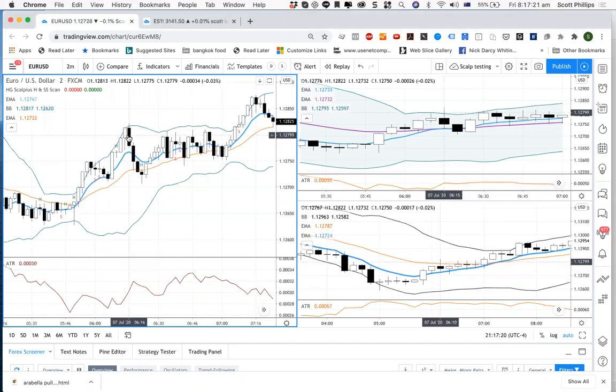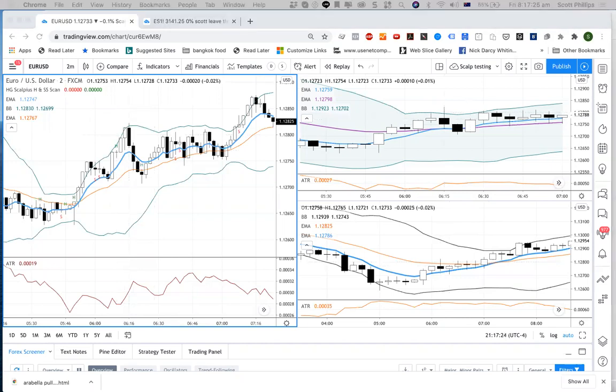And the stop loss is 1.12825. Okay, and that's a 3-pip range. Well, it's not a 3-pip range. It's a 5-pip range, and we lost 5.